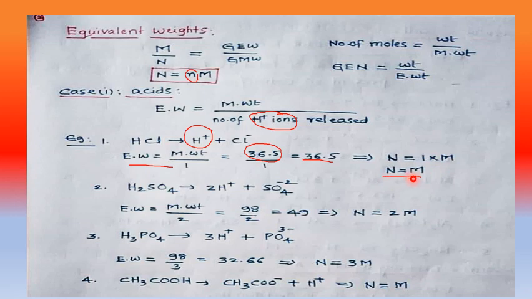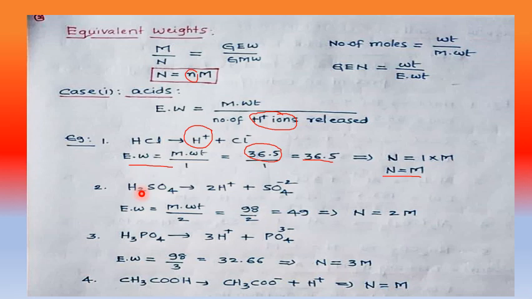For the case of H2SO4, on dissociation you will get 2H plus and SO4 2 minus. How many H plus ions are released? 2. So divide by 2. 98 is the molecular weight because 2 hydrogens are there: 1 hydrogen weighs 1, so 2 into 1 is 2, plus sulfur 32, plus oxygen 16 with 4 oxygens available, so 4 into 16 is 64.